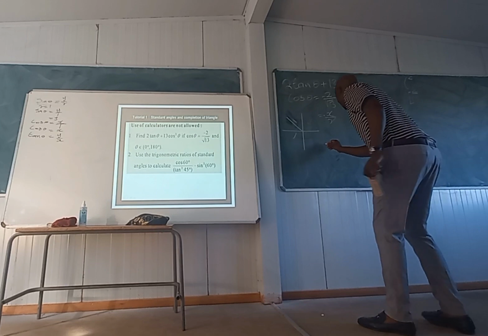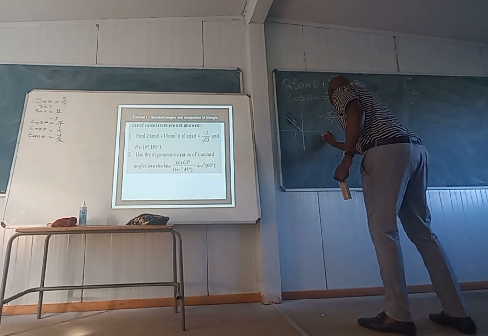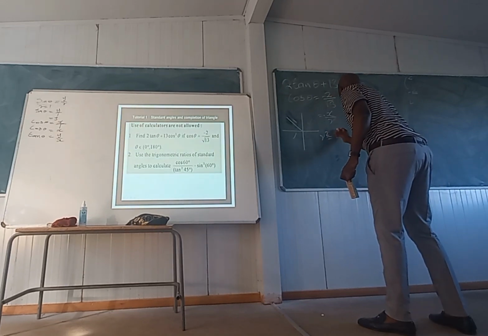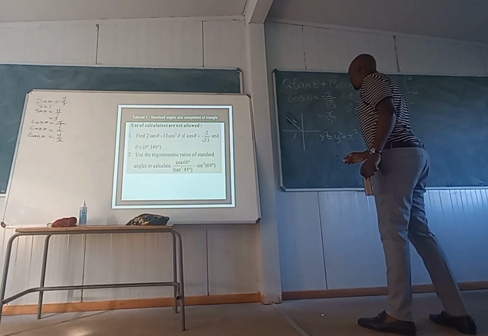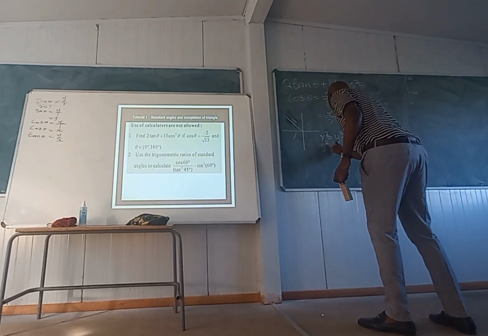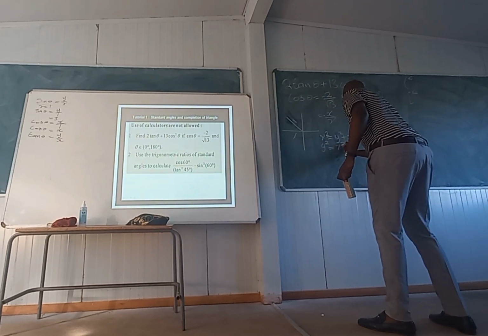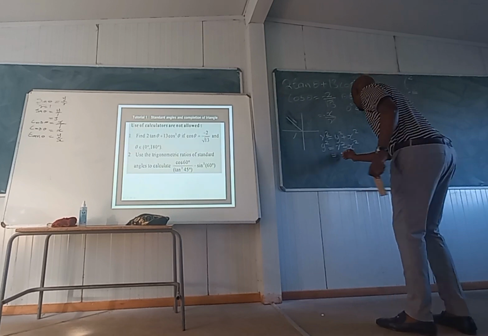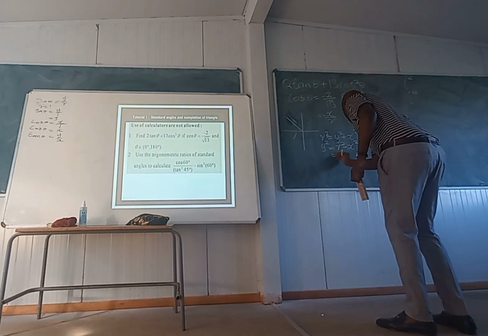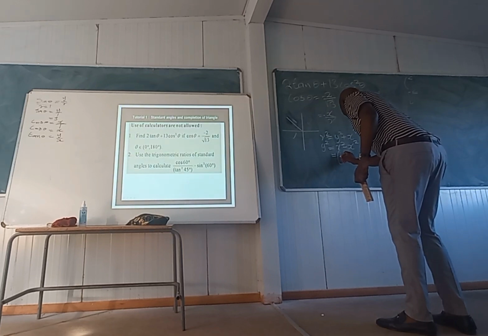To find y, Pythagoras said r squared equals y squared plus x squared. We want y, so we make y the subject of the formula: y squared equals r squared minus x squared. Substitute. What is r?